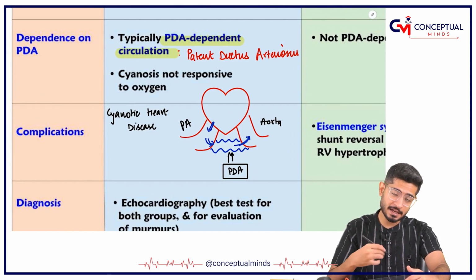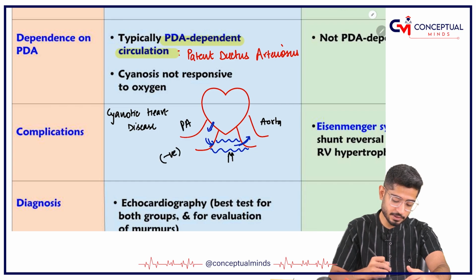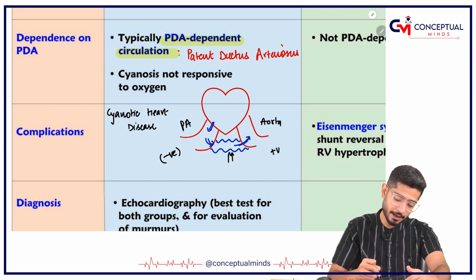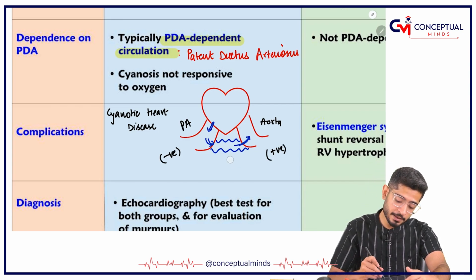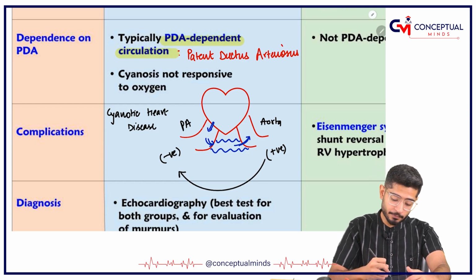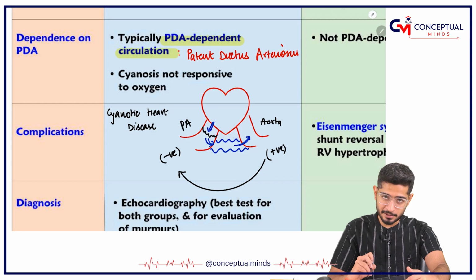But once the lungs are developed properly, there is going to be a negative pressure in the pulmonary arteries, and the aorta will have a positive pressure because a lot of blood is going into the aorta. So the blood should start going from the aorta to the pulmonary artery.